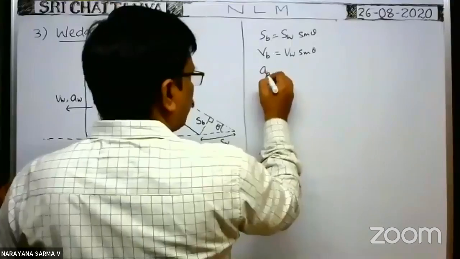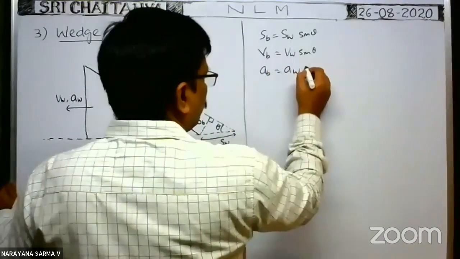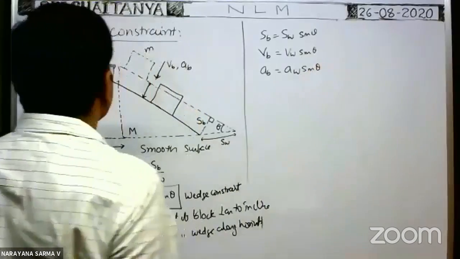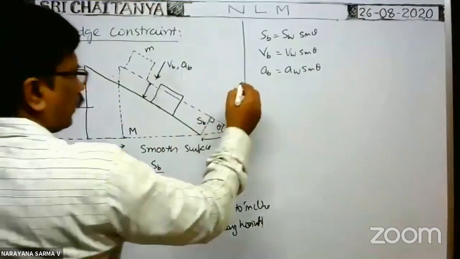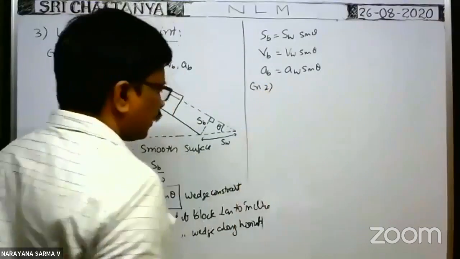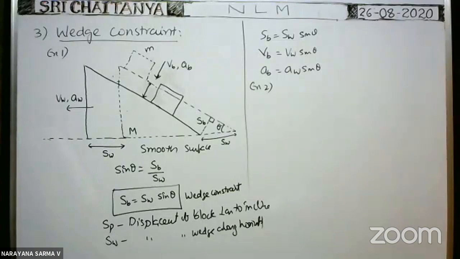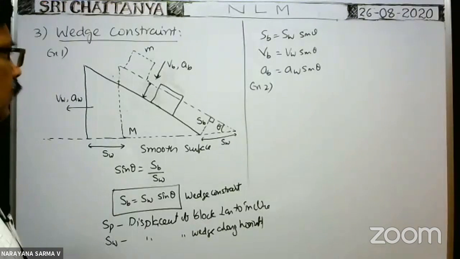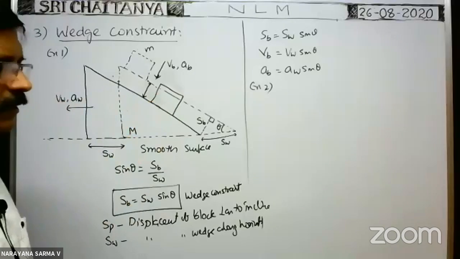Similarly, the acceleration of the block perpendicular to the incline is equal to the acceleration of the wedge into sin theta. This is one example of the wedge constraint. Okay. Another, last example, one more example for wedge constraint. Of course, here we can derive the formula for the acceleration of the block also.